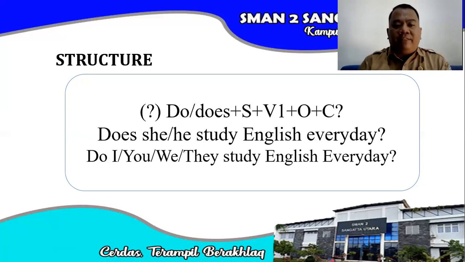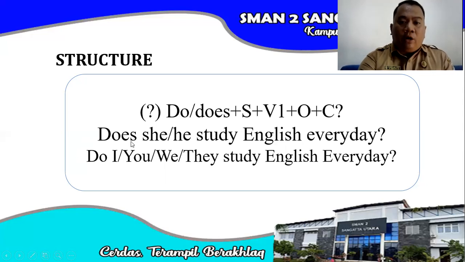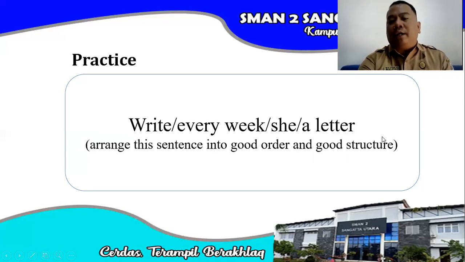How about the interrogative sentence? The form of the interrogative sentence is also affected by the subject. Use do or does plus subject plus verb one plus object plus complement, and don't forget to put a question mark. Does, if the subject is she or he, with verb one study, object English, complement everyday, and question mark.